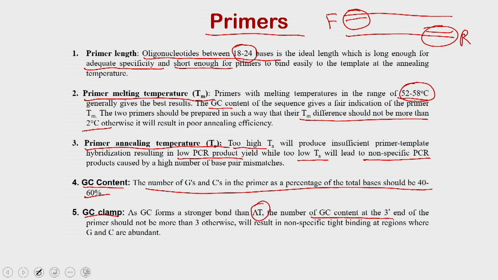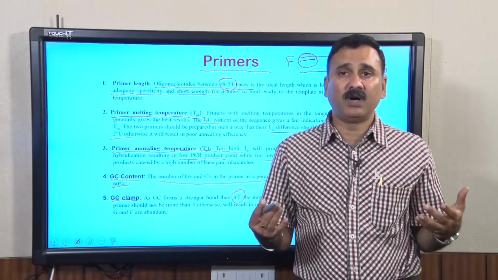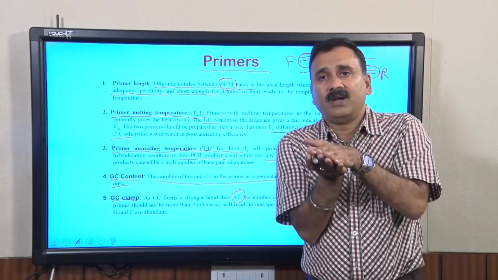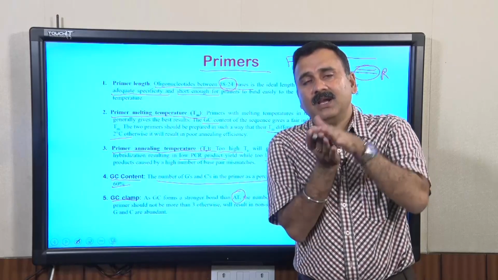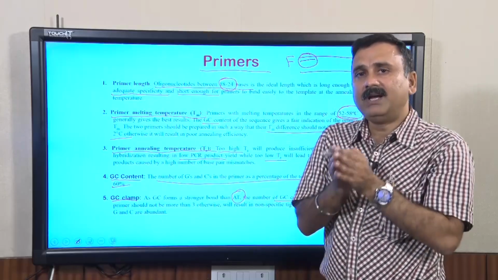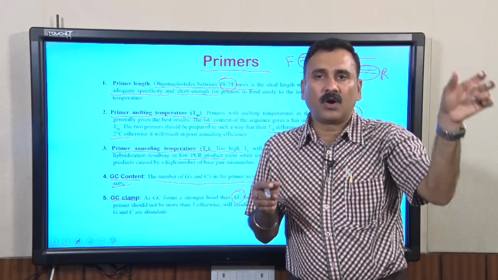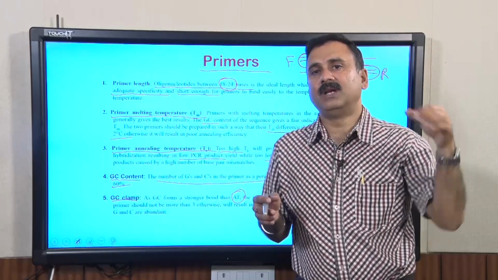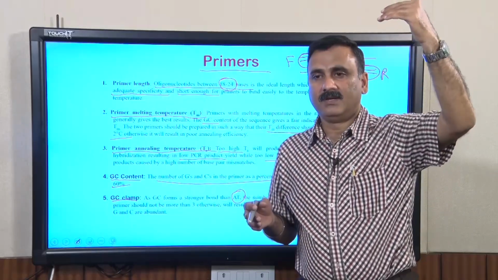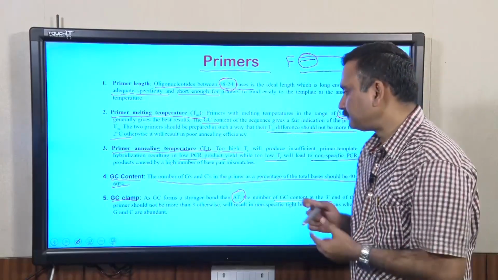You know that G and C form 3 hydrogen bonds, compared to the hydrogen bonding between A and T, which is 2. So that is why it is advisable that you take a GC clamp at the end of the primer, so that when it attaches to the template, the binding is very firm.